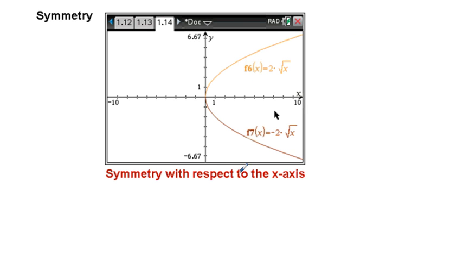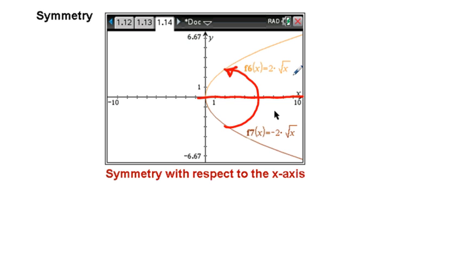Next, symmetry with respect to the x-axis. And this is actually two functions. We are symmetric about the x-axis because there's reflection, as I'm drawing with this arrow here, from below to above.